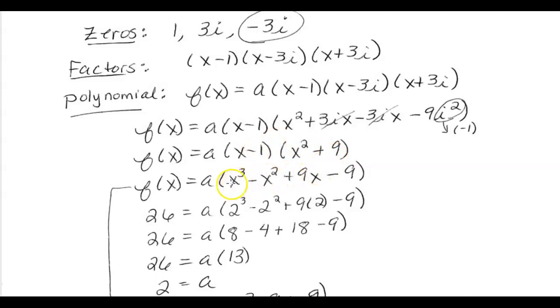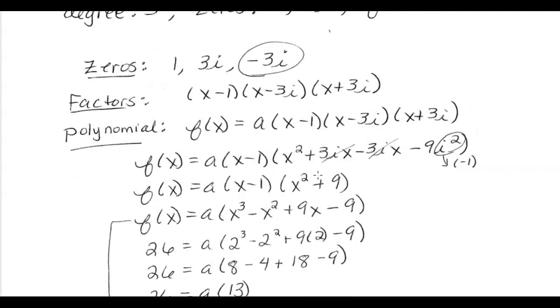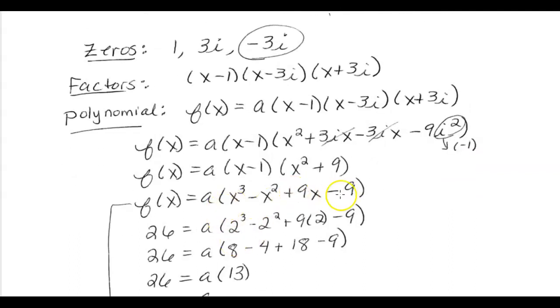All right, and now we're ready to try to find our value of a. So we were told up here that f of 2 is equal to 26. So once we've gotten all this worked out, we're going to plug in an x value of 2. So all these x's we're going to replace with a 2, and then that means that the f of x, the other side, should equal 26 when I do that.